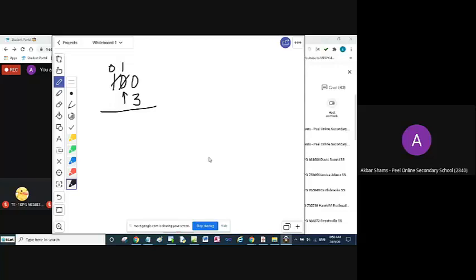So this becomes 10. Still, I cannot subtract 3 from 0. So I'm going to borrow 1 from the left, which this one becomes 9. And this one, now it becomes 10 plus 0, which is 10. Now, I can subtract 3 from 10, it becomes 7.